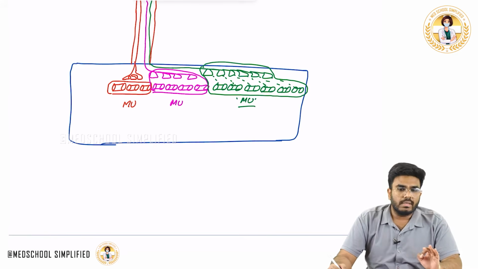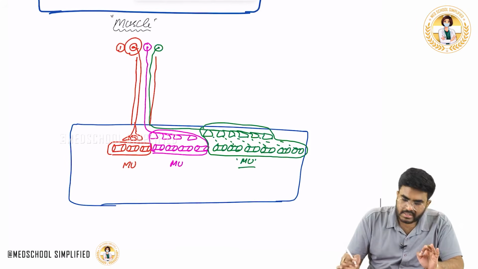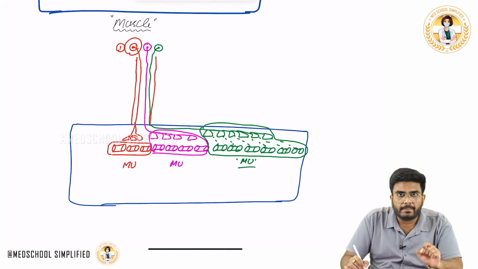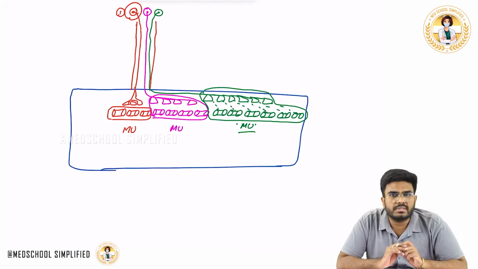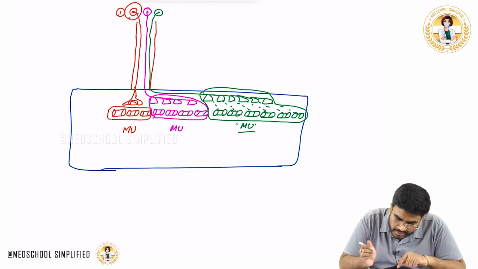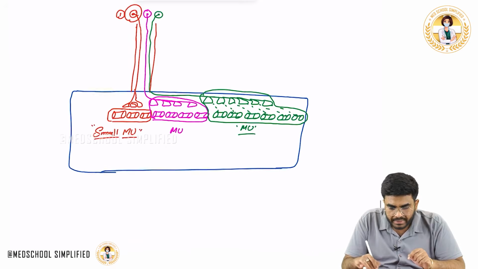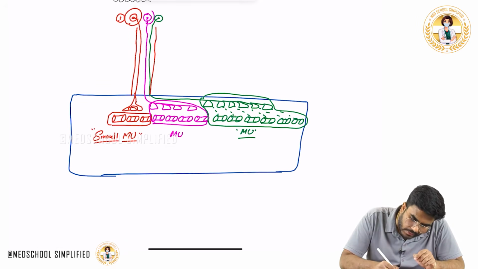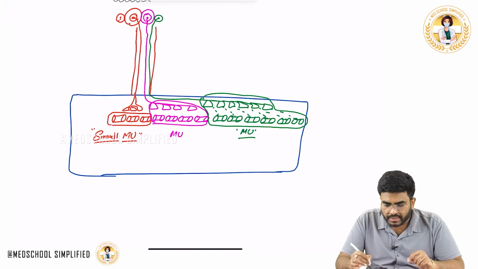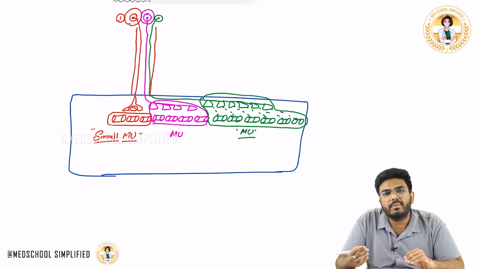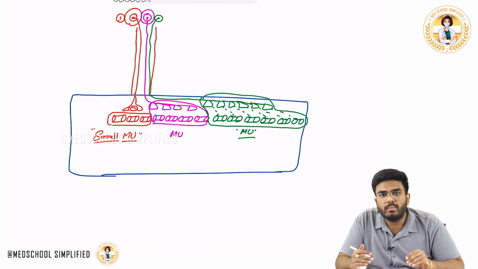So, in a muscle, you can have many motor units, but the point which I want you to know is, see, in this image, the first neuron, the red one, it is innervating how many muscle fibers? Less number of muscle fibers. So, it's a small motor unit. This pink color neuron is innervating 4 muscle fibers, so little more, right?